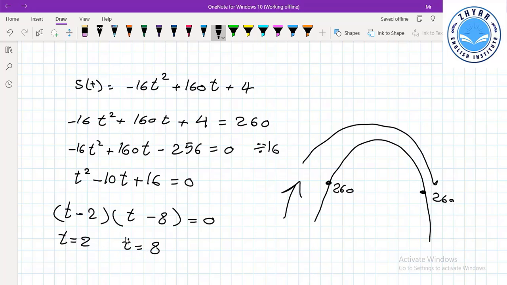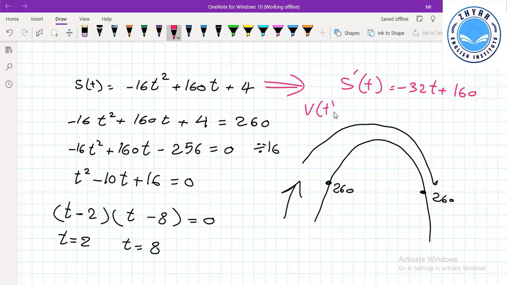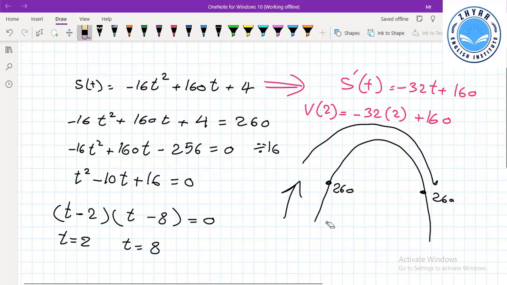Now we have two t's. If we want to find velocity, we just take one derivative of s of t. So s prime of t is equal to negative 32t plus 160. Now v of 2: put 2 here, negative 32 times 2 plus 160, that is v of 2.